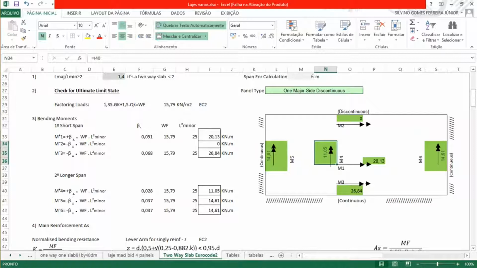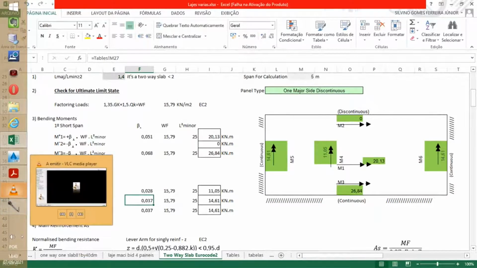So M5, now on this corner. M5 will be beta multiplied by the factored load multiplied by the minor side elevated to 2. It will be on the corner, so it's a negative moment.